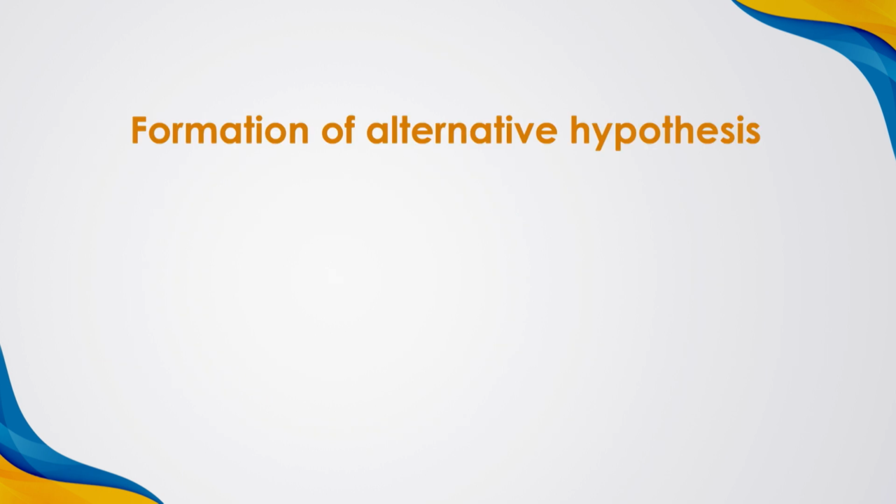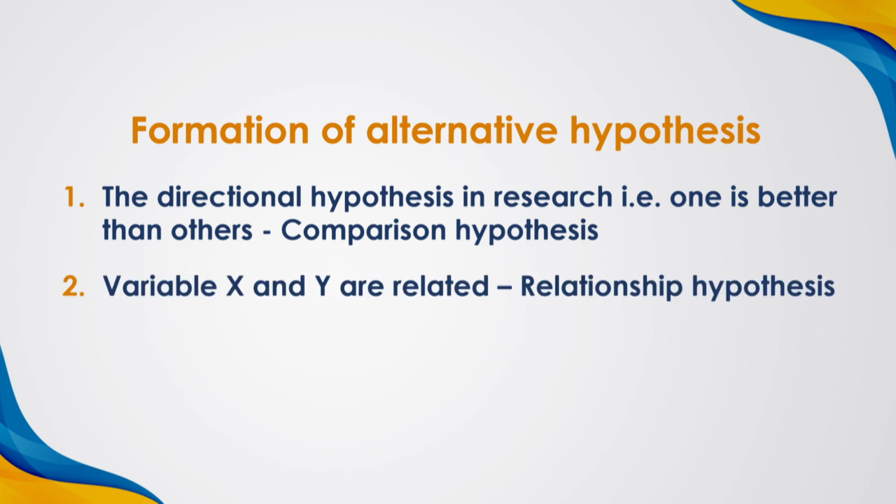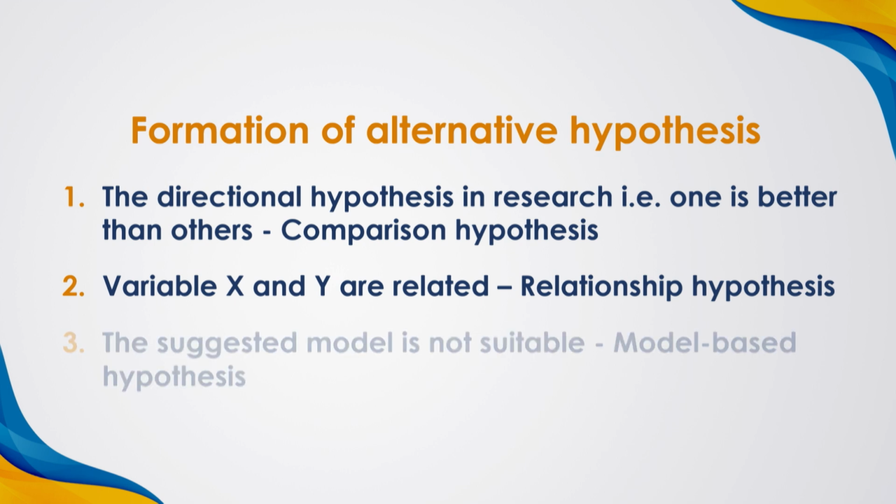Formation of alternative hypothesis. The directional hypothesis in a research means one is better than the other. When you compare, normally what we say, one is better than other. In the relationship hypothesis, we have to write down the alternative as variables x and y are related.